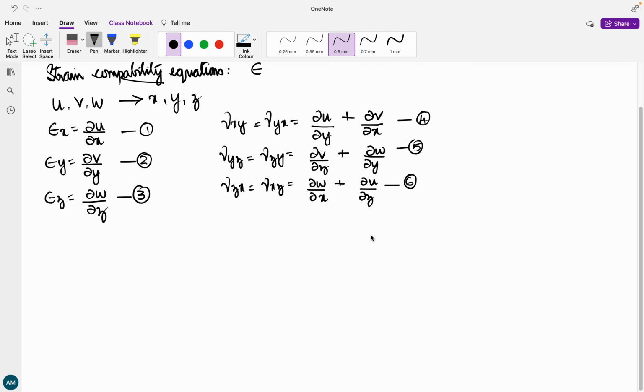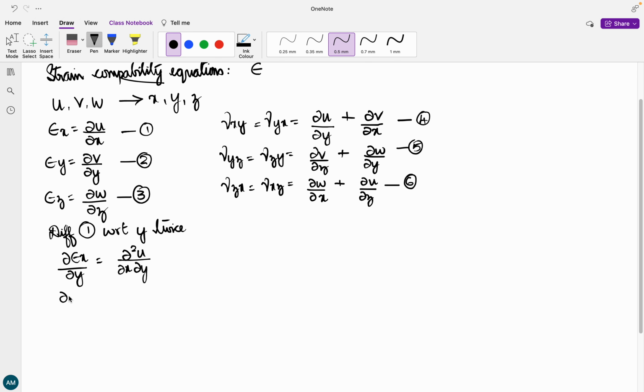Now how are we going to arrive at the strain compatibility equation? I will be differentiating equation 1 with respect to y twice. Epsilon x is dou u by dou x, so dou epsilon x by dou y is equal to dou square u by dou x dou y, as we are differentiating with y.